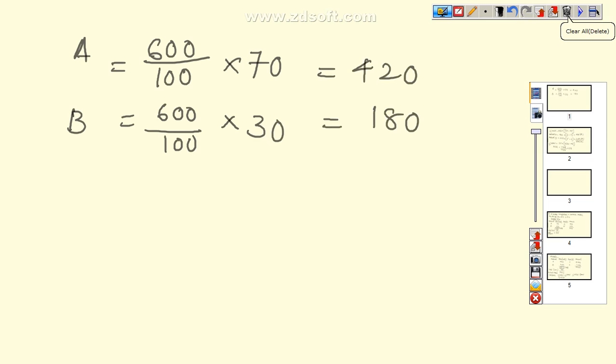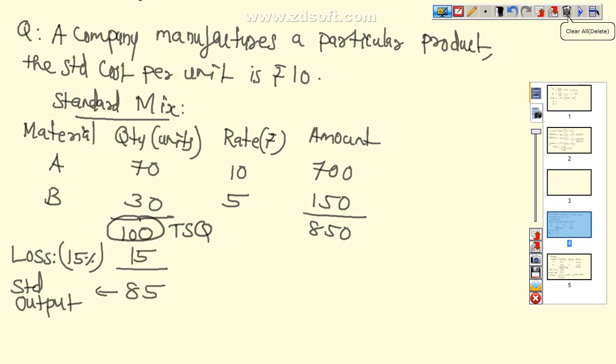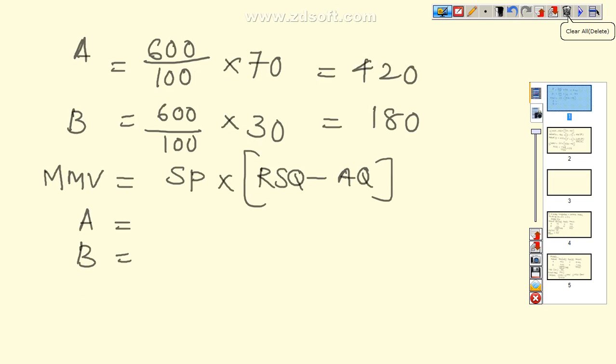After calculating RSQ, we substitute it in the main equation: material mix variance is equal to standard price multiplied by RSQ minus AQ. There are two materials, A and B. Standard price and standard rate are both the same, given as 10 and 5.